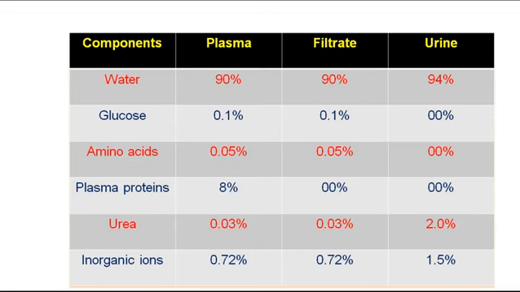Similarly, the amounts of amino acids, urea, and inorganic ions are the same in the plasma and filtrate. But in the plasma there was 8% protein, whereas in filtrate it is nil. It means protein has not been filtered through the glomerulus.